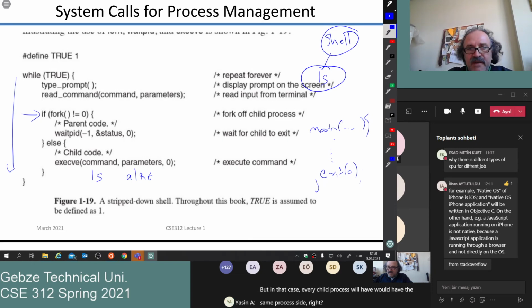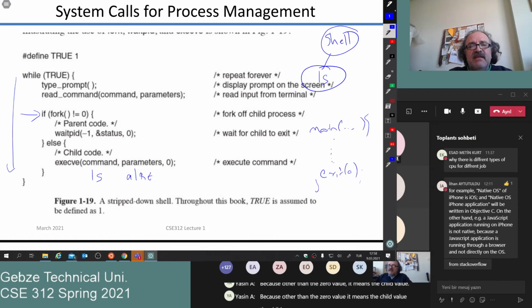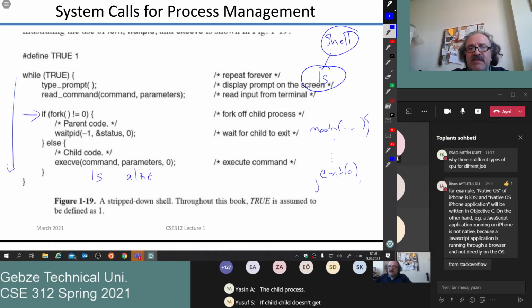No, why? If the child doesn't get any process number, the child says that I get 0 from this fork, that means that I am the child. The parent says that I get a non-zero number, that's the child process ID. I know that I am the parent, also I know the process ID of my child.